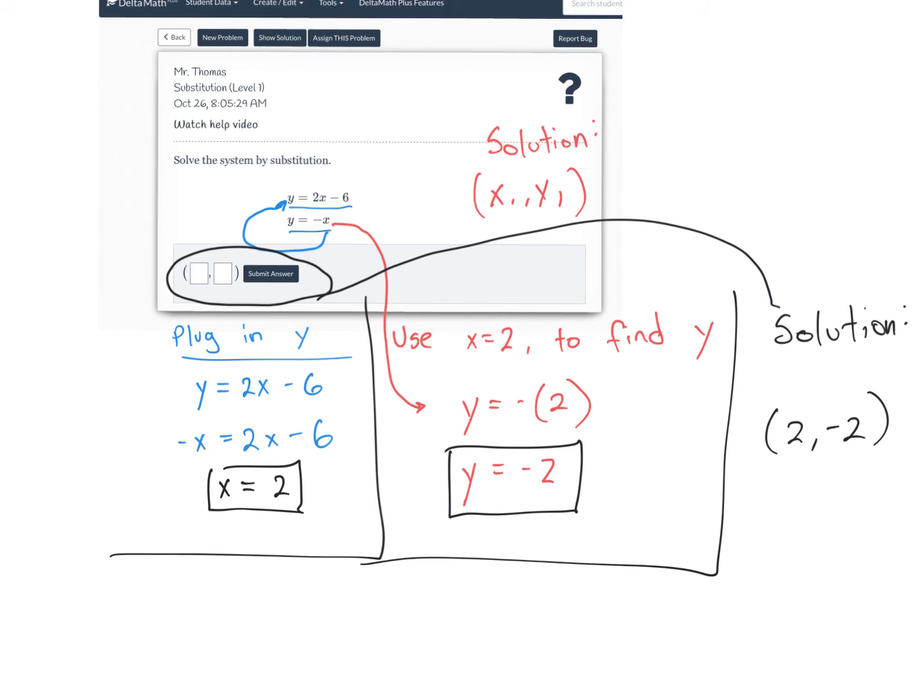I plug it in here, I type it in here, submit, I got my answer right. Okay, we found the solution. We did it without graphing. If we were graphing, we'd graph the two lines, find where they intersect, and we would find this exact answer. But we did it algebraically, just using the numbers in the equations. All right? So let me do another one of these examples, and then another one after that.